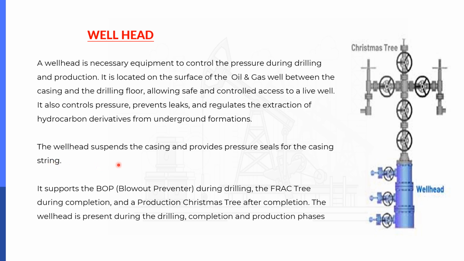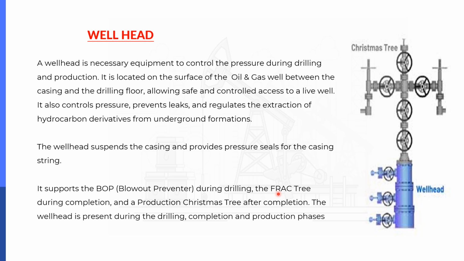So the wellhead suspends the casing and provides the pressure seals for the casing string. The wellhead also supports the BOP, blowout preventer, during drilling, and the frac tree during completion. Frac means hydraulic fracturing, a kind of well stimulation technique done after the drilling, in the well completion phase.